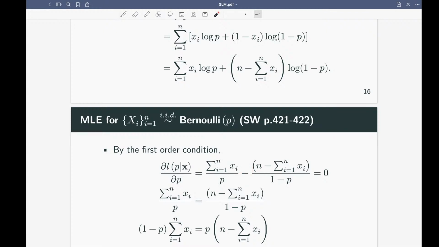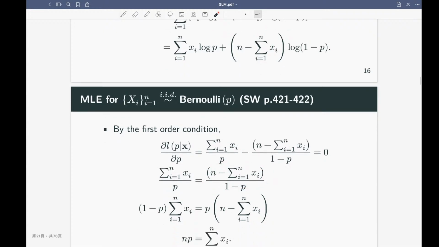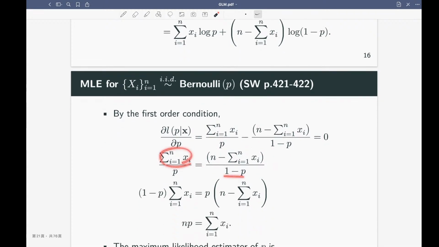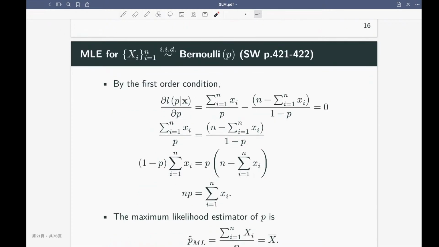And here we move this term to the right hand side, so we have this term. This term times this term here. This term times this term here. Okay, so we can have this result. This term is this term.